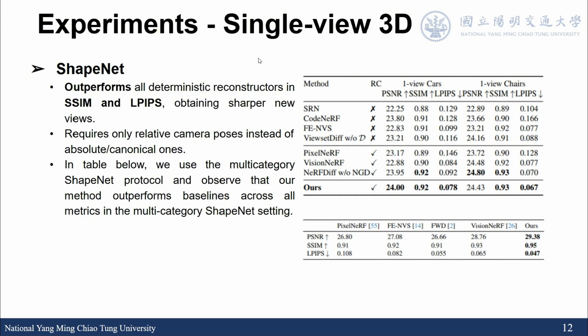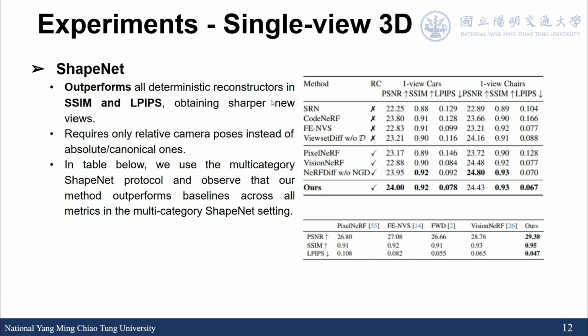Next, we evaluate the method using the ShapeNet dataset for single-view 3D reconstruction. This method outperforms all reconstructors in terms of SSIM and LPIPS, producing sharper and higher quality new views. Unlike other methods, we require only relative camera poses, instead of absolute or canonical poses, making our approach more flexible.